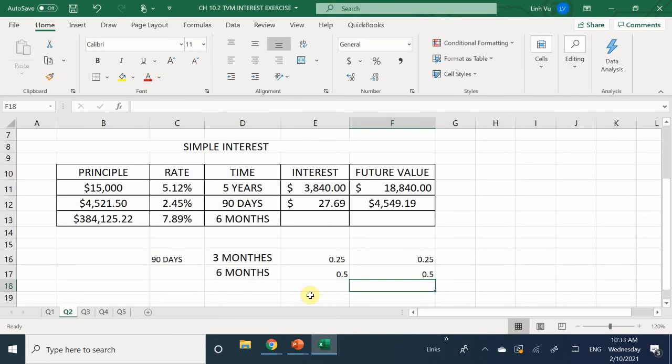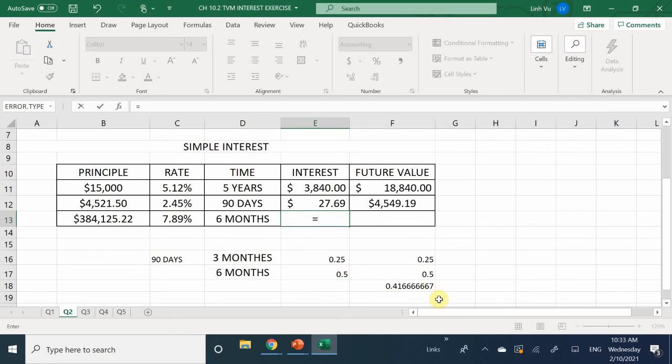Now, if I give you an odd number of months, let's say I say 5 months, you could still calculate it by just dividing it by 12, and you'll get this long number here. So in this case, you are right. It is 50% of the time.